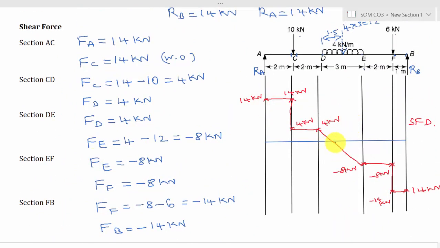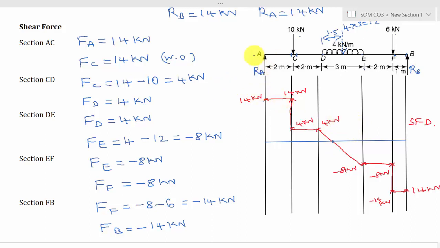So here if you see that at this point the shear force is 0. When the shear force is 0, then the bending moment will be maximum at that point. So we have to calculate the point at which the shear force is 0 to calculate the maximum bending moment.